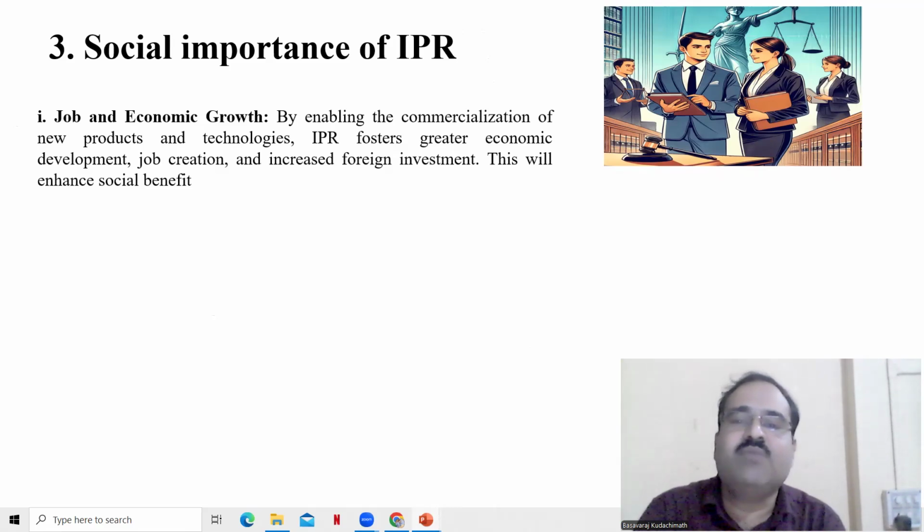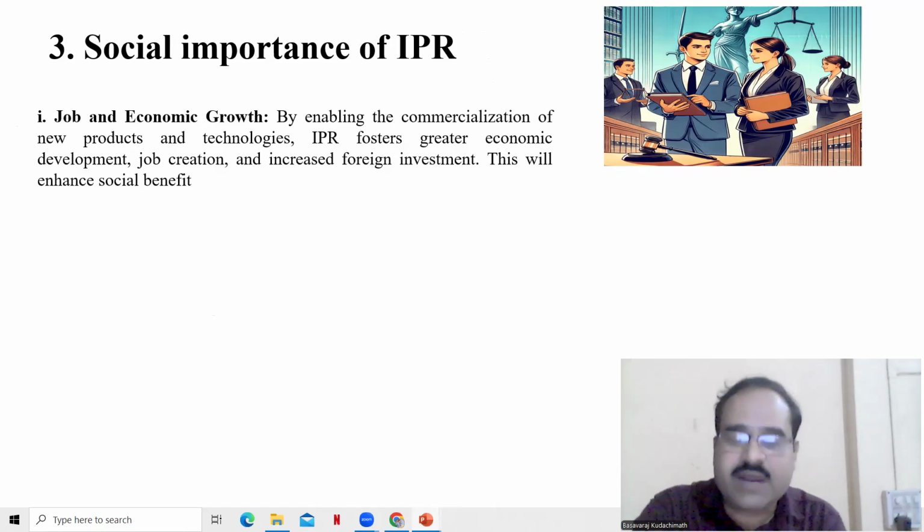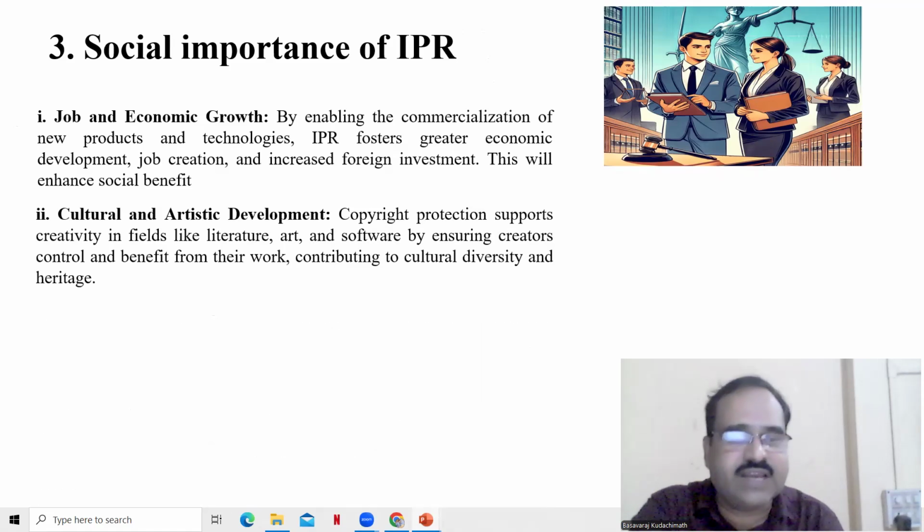So they may grab more market, and automatically the revenues will increase, and so will jobs. This will increase the income of the workers working there, and their purchasing power will also increase. Because of that, they will get a good standard in society, and they demand good products, and automatically the market is established in the country. So it is a social benefit indirectly.